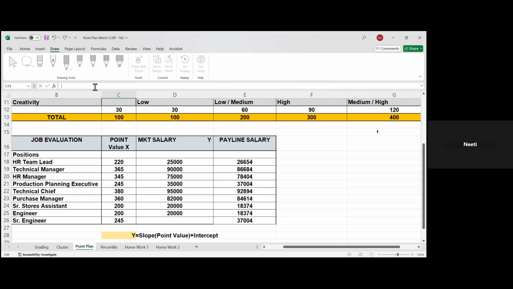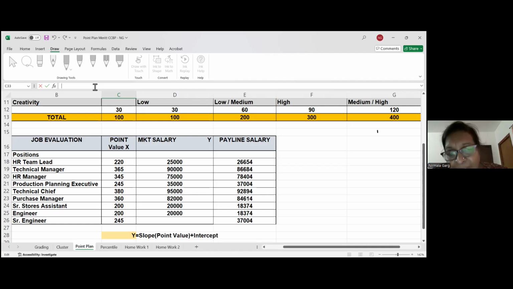Correct, ma'am. Then you want to know, depending on whether market is high or whether your annualized salary is high, that you are paying lesser or higher, just looking at the figures. Correct.